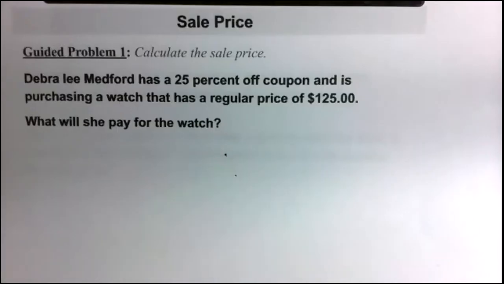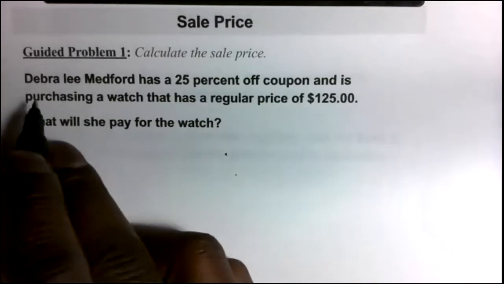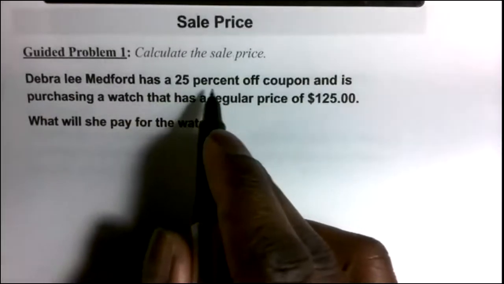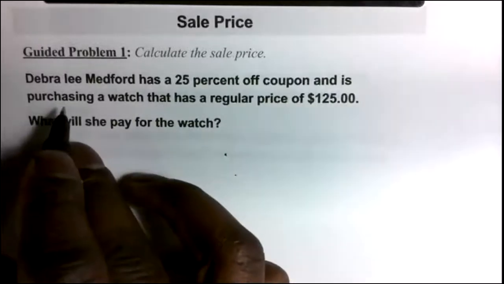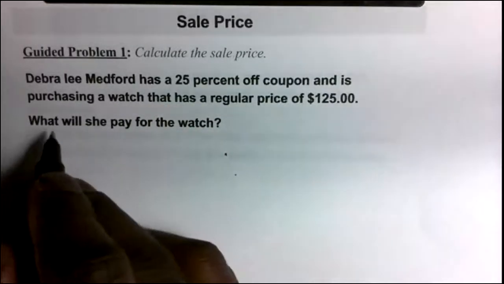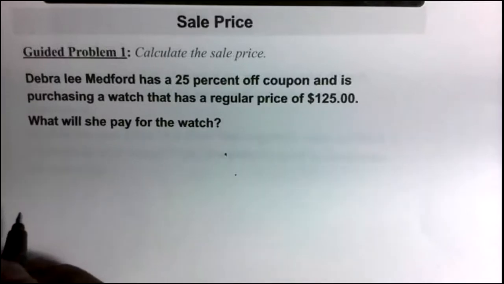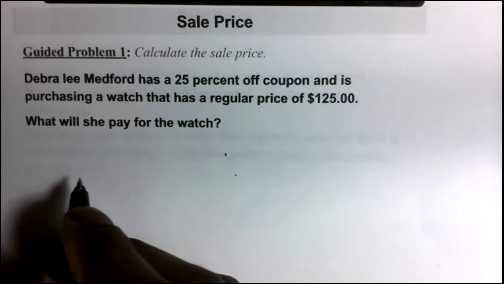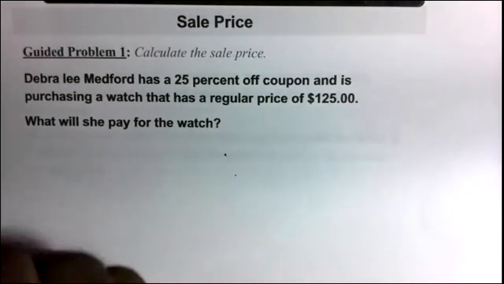So let's go into a couple of examples and we'll see exactly what's going on here. The first example says Deborah has a 25% off coupon and is purchasing a watch that has a regular price of $125. What will she pay for the watch? The first thing we have to figure out is how much she is getting off the watch.